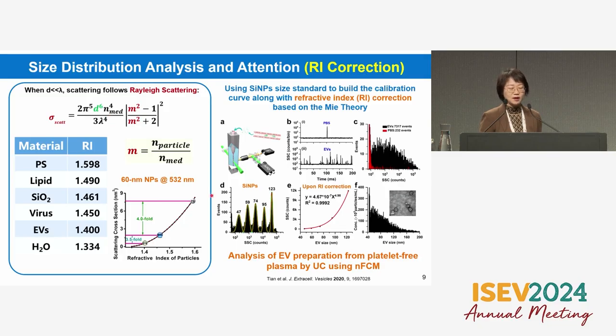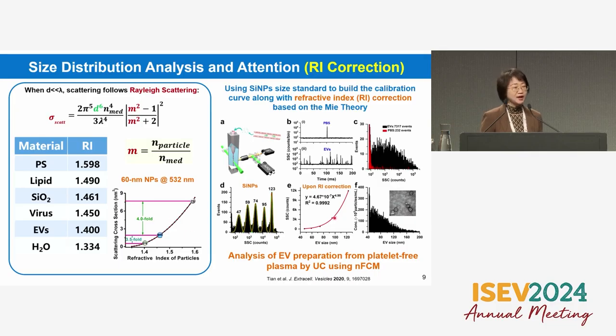We can make a comparison. At the 532 nanometer excitation, 60 nanometer polystyrene is about 4-fold brighter than the silica nanoparticles, and silica nanoparticle is 3.5 times brighter than EV.